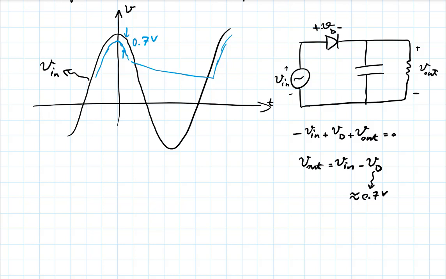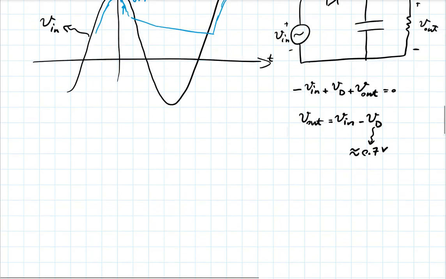Now let's make the diode one step more sophisticated, because we know that the real diode does not have a constant 0.7 volt across it when it's on, but its voltage, its current actually changes with the voltage. Now a very small change in the voltage will lead to some significant change in the current.